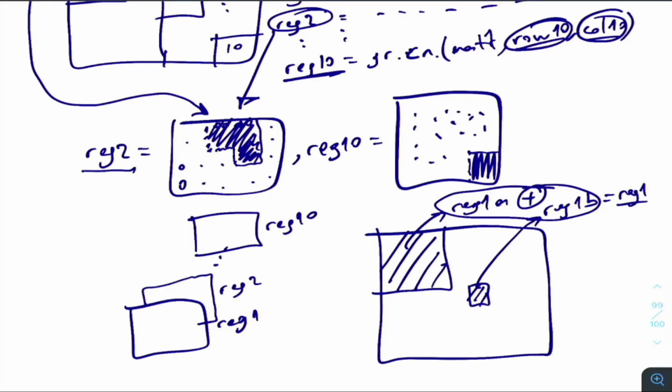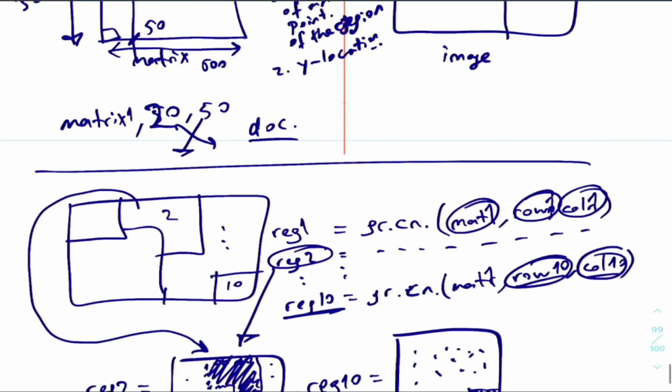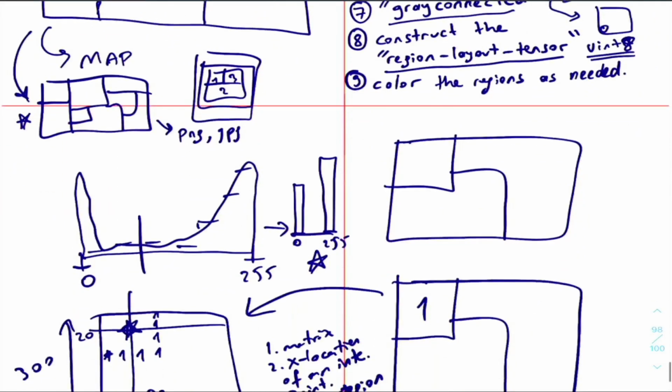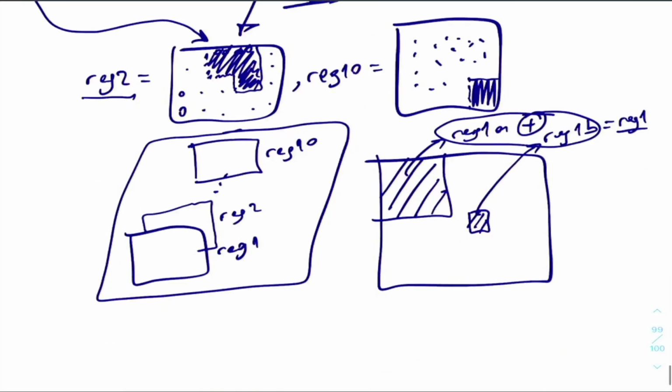And that will be what I called here. What did I call? Let me remind myself. Region layout tensor. This is what I call it; it's not some defined terminology. For example, there are 300 rows and 500 columns, and there will be 10 elements here.